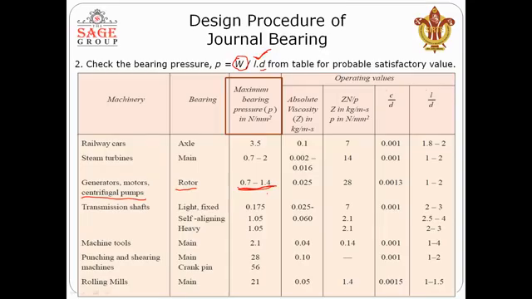If the pressure lies between these values, or if a maximum pressure is given in the question and the pressure generated is under that value, then the values of L and D are okay. That means the L upon D ratio we have selected is correct, and the length and diameter of the bearing are fixed. From here we will find the length of the bearing, since the diameter is already given, and the operating pressure also.